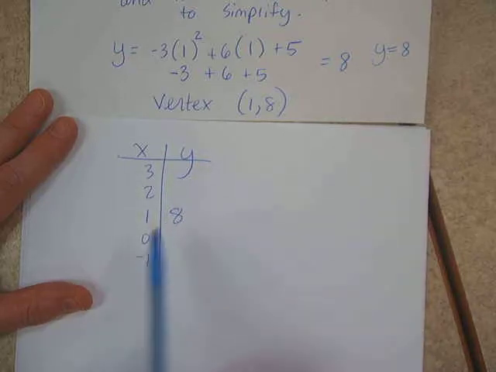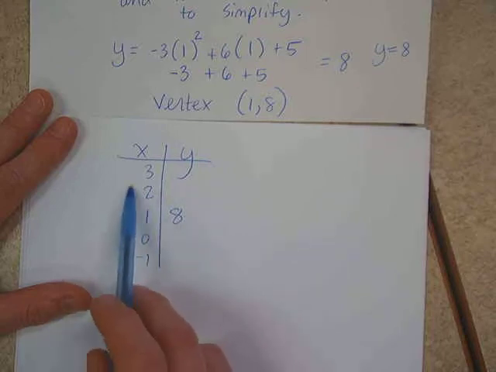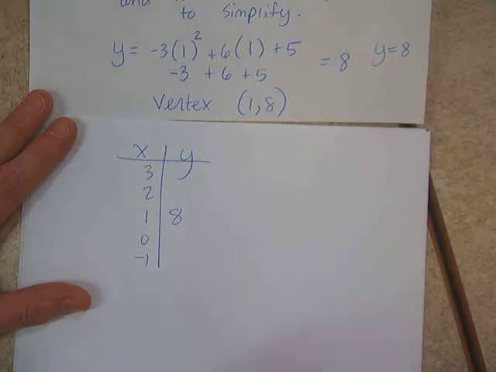Okay, so when I build my table, that is going to be important because it's going to save me time, because I'm not just going to pick random values. You can see if I did what I normally would do with the others and do -2, -1, 0, 1, and 2. In this case, I'd have a decent part of my graph, but it would be a little off center.